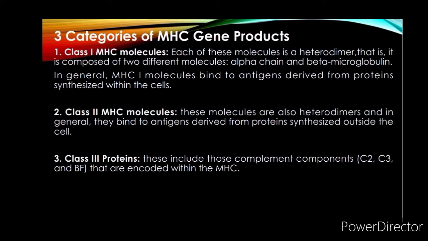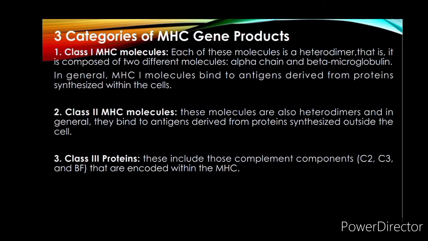However, the MHC2 molecules differ from MHC1 molecules in several ways. Unlike the MHC1 molecules, the tissue distribution of MHC2 expressing cells is quite restricted. They are expressed mainly on antigen-presenting cells and B cells.